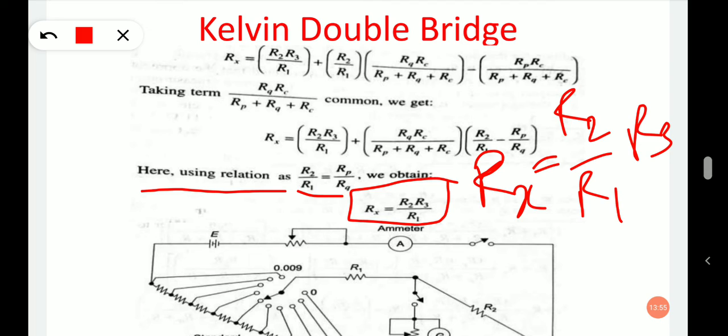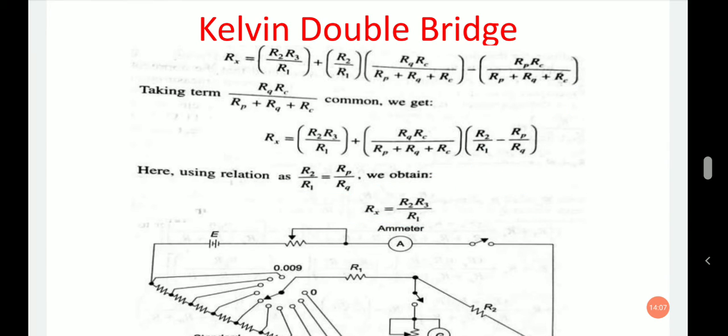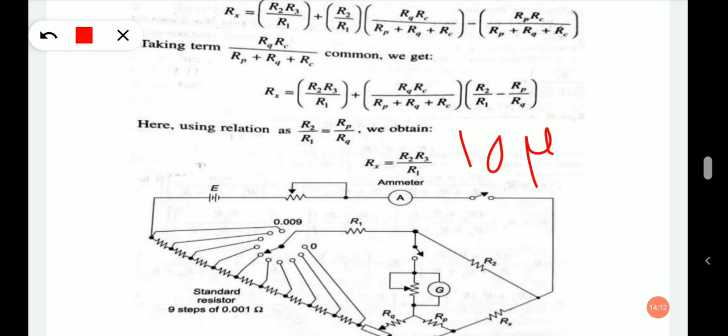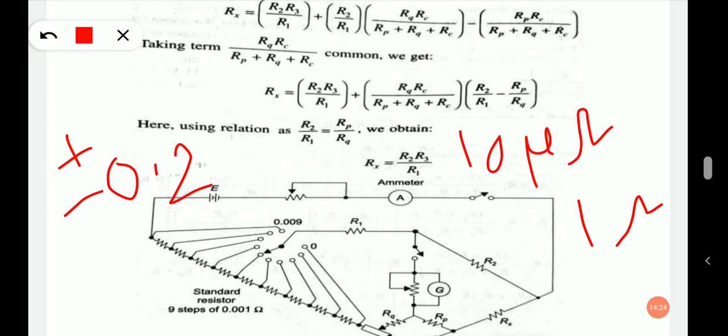Kelvin bridge is a useful tool for measuring resistances of extremely low values, ranging from 10 micro ohm, that is 10 into 10 raised to minus 6 ohm, to 1 ohm, with an accuracy of about plus minus 0.2% depending on the accuracies of individual components.